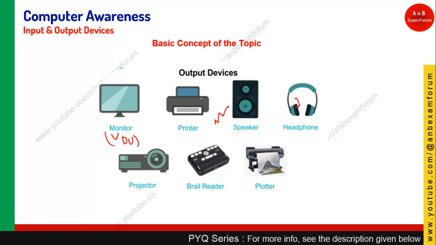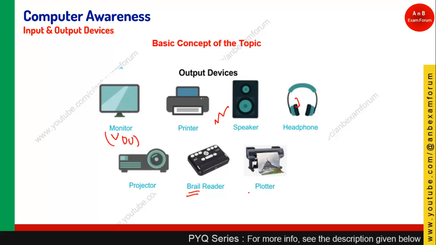Coming to the projector, it gives the output on the projector screen. It emits light and shows the output on the wall or on the projector screen. Braille reader is again an output device; it is not an input device. And the plotter is similar to the printer, but for making big designs and big pages, plotters are used.